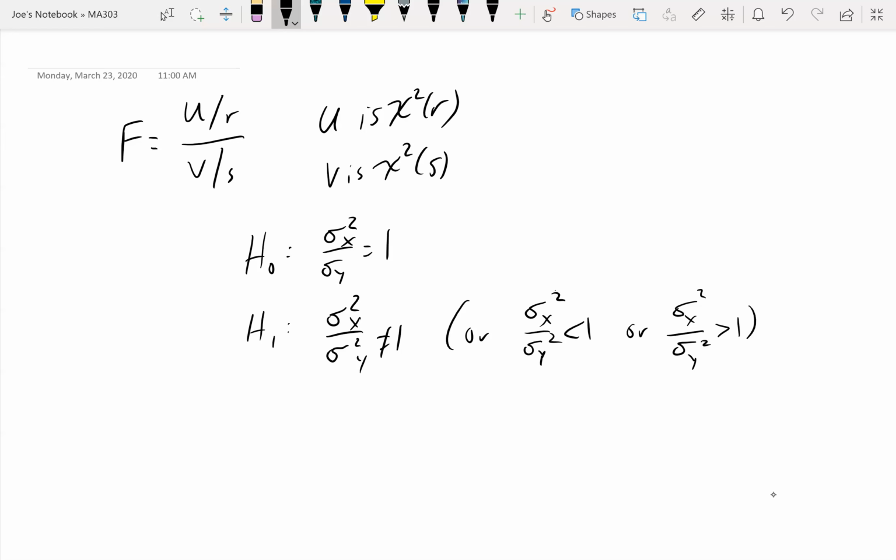If we're assuming that the variances are equal, then you can create your F distribution by doing your sample variance transformation to get the chi-squared, and then divide out by its degrees of freedom, and do the same thing with the sample variance for y.